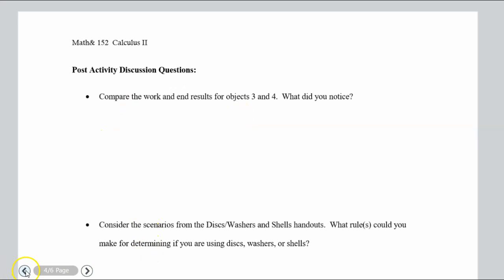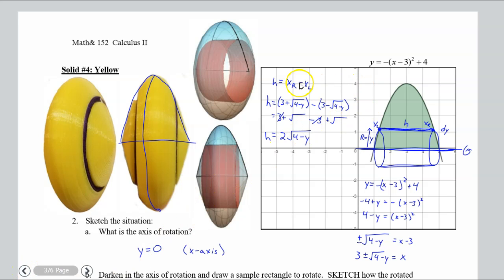The reason for that is because I had to go through all the work of rearranging in terms of x on this one, whereas with the green, it was just, take the y, plug it in, because we had it in terms of x, so it's just a straightforward plug-in for that function. Whereas this one I had to rearrange everything to find those x values and then subtract, and finding that h was just a lot more difficult for this one than it was for the green one. So that's one thing that you might notice on there.